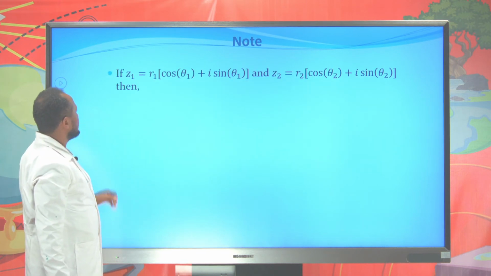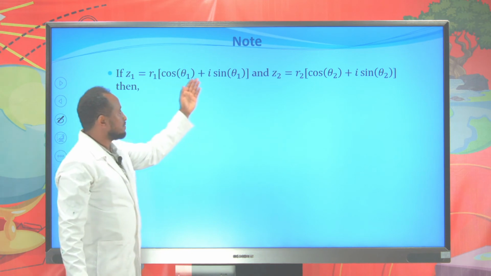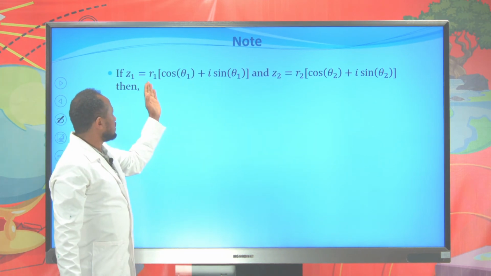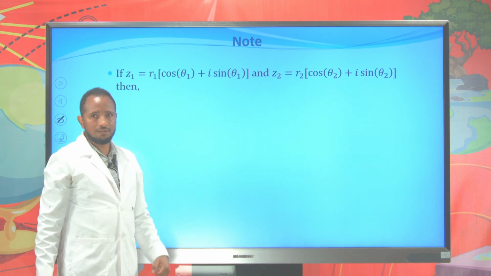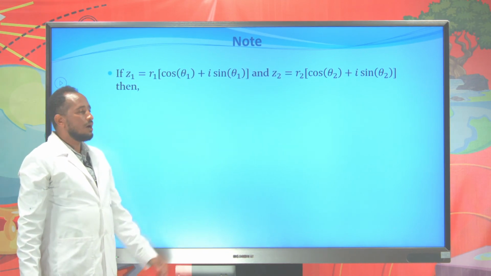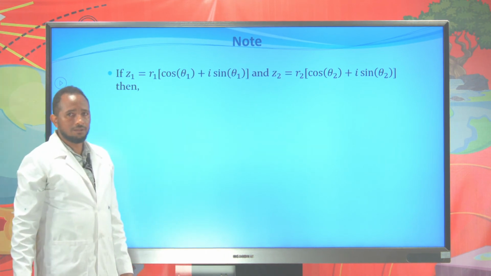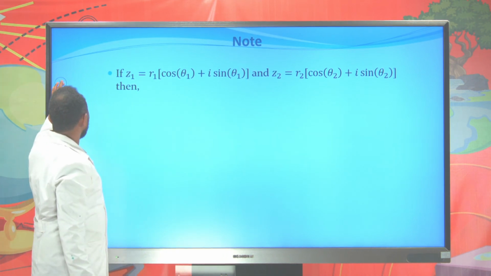Now, note the following. If two complex numbers written in polar form are given, z1 equals r1 times cos theta 1 plus i sin theta 1, and z2 equals r2 times cos theta 2 plus i sin theta 2, then the following are true.